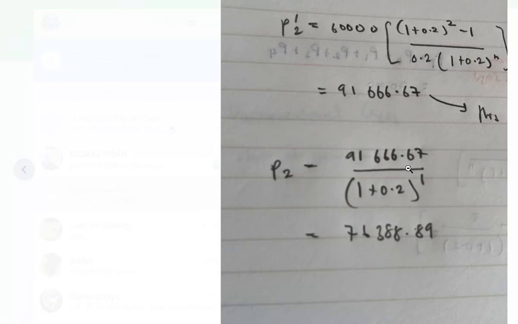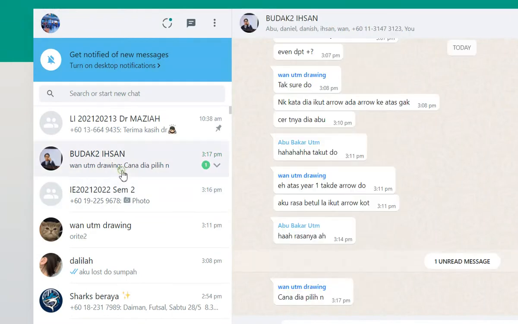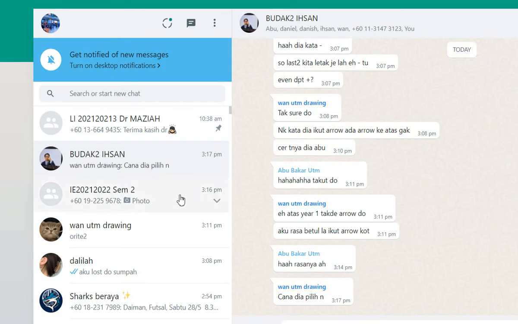All right. So for P3, you can use the same method as P2. You need to determine P3 prime at n equals to 0.